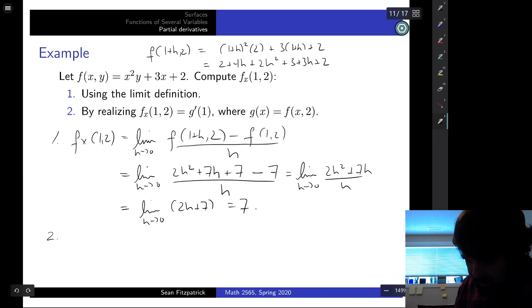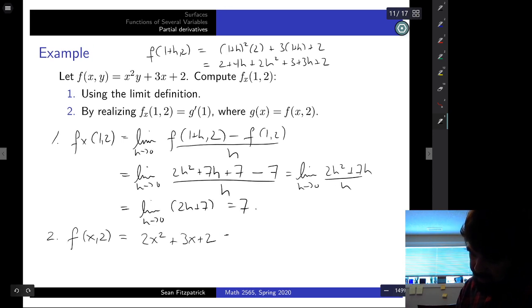Or the other thing I could do is I could say, well, look, why don't I just calculate what is f of x, 2? Y equal to 2. So f of x, 2 would be 2x squared plus 3x plus 2. So that's a function of x only, right? I'm holding y constant at 2, so now I just have a function of x.